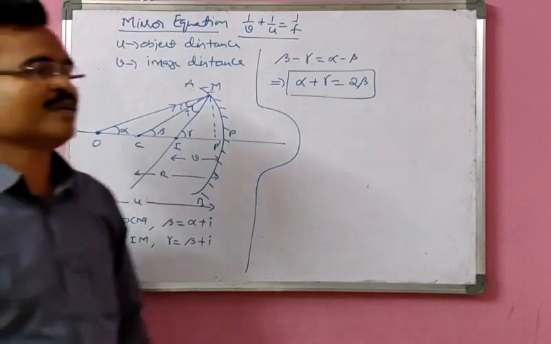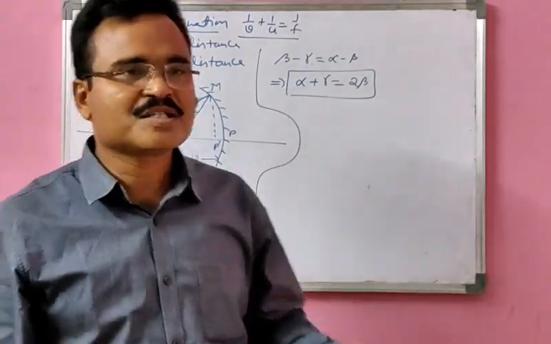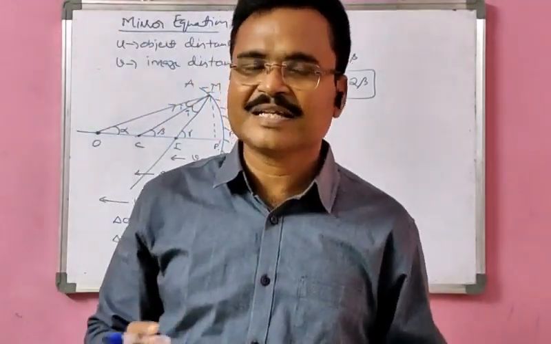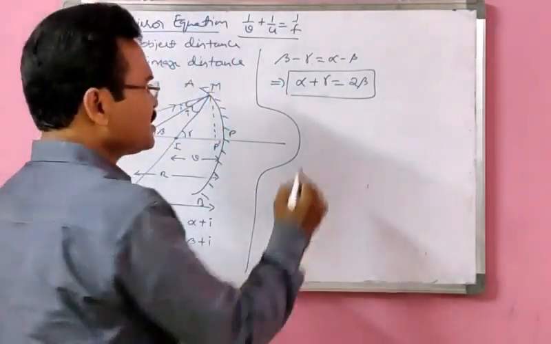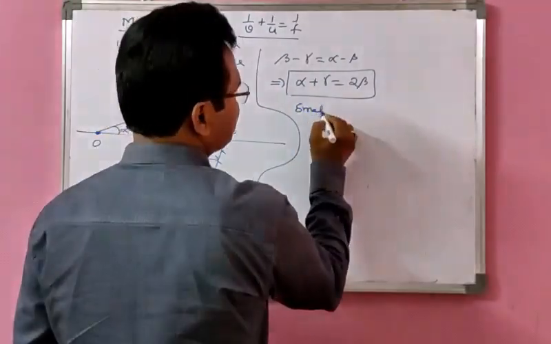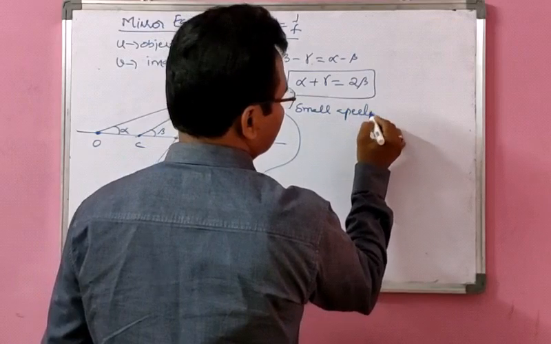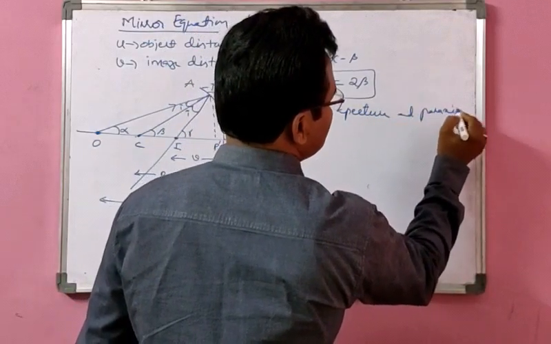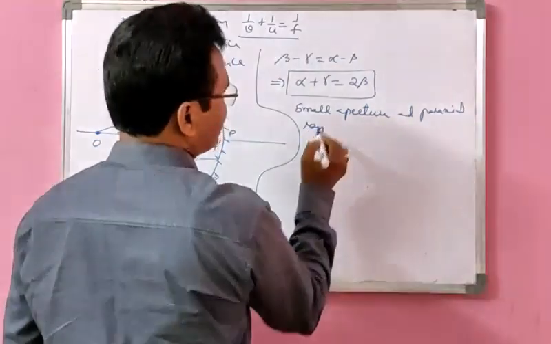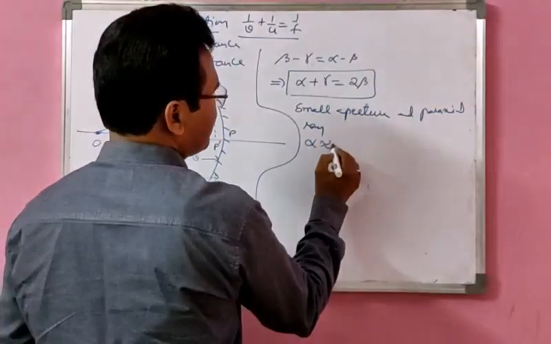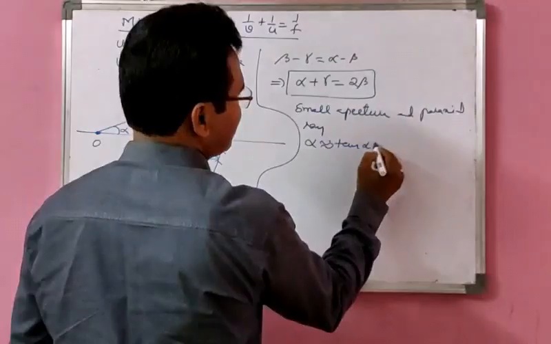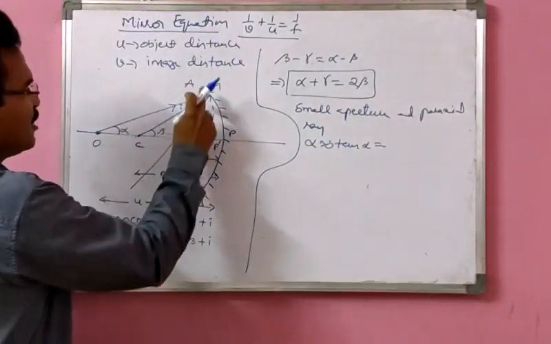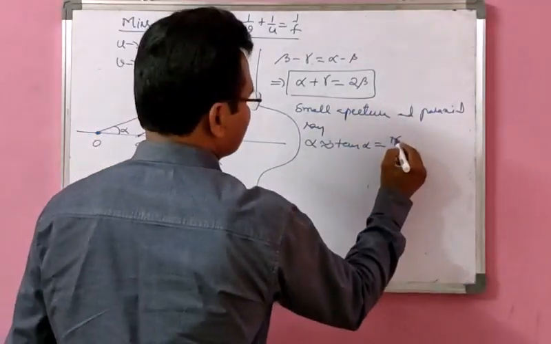Again, I'm repeating, for small aperture mirrors and paraxial rays, alpha is approximately equal to tan alpha. So tan alpha, what can I write here?